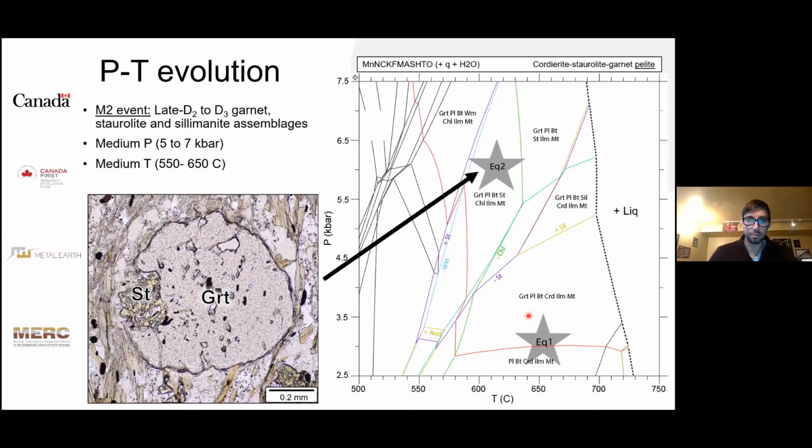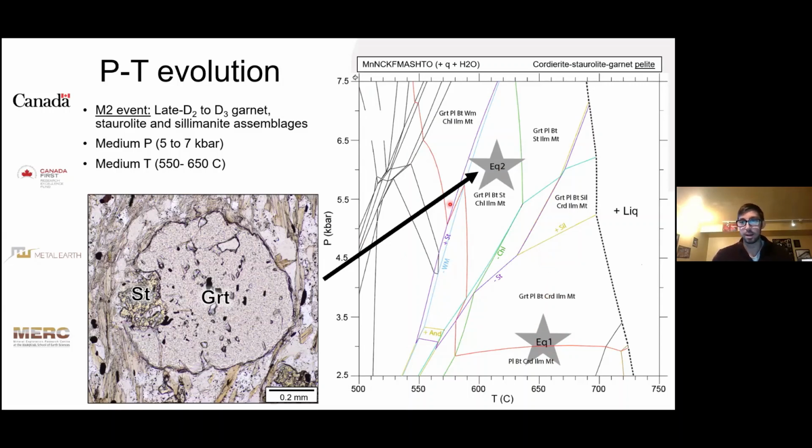The reason why I've interpreted this as two metamorphic events instead of just one counterclockwise event is for two reasons. We have the relationship of chlorite to garnet, which is not a reaction that would occur after this first equilibrium assemblage.